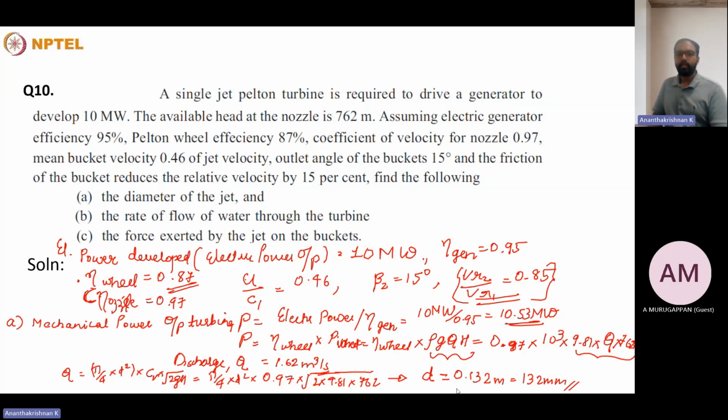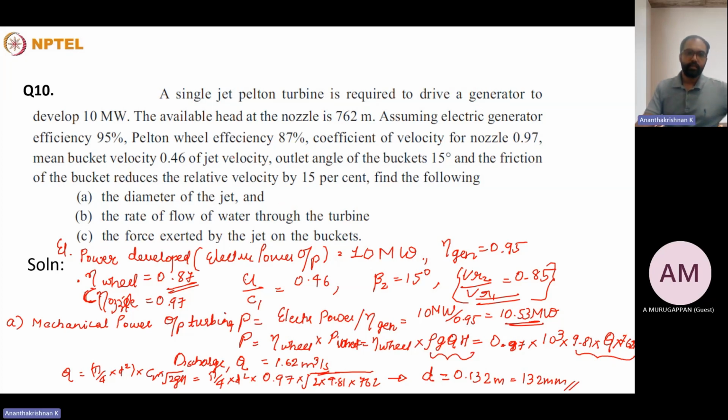Now we need to calculate the rate of the flow of water through the turbine, that is the discharge, and the force exerted by the jet on the buckets. So we have already found out the discharge from this analysis.